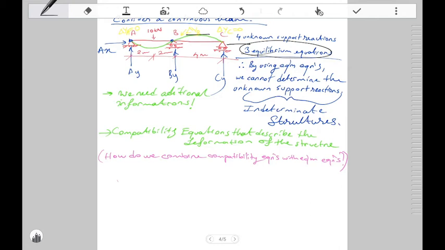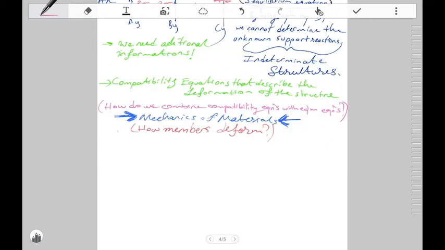If we can find a way, we can analyze any type of structure, whether it is determinate or indeterminate. But the other thing I need is, how can I describe the deformation of a structure? How does a structure deform? We need that information to analyze any type of structure.